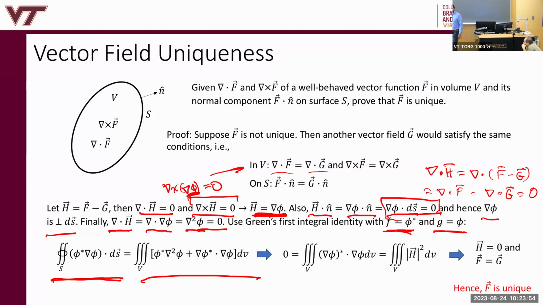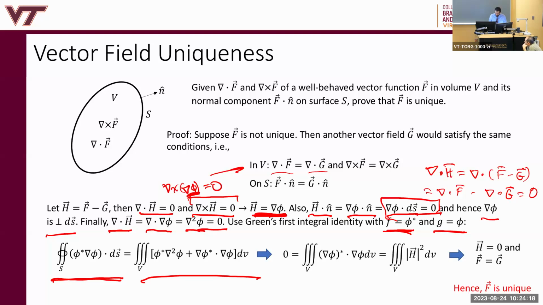It's a place where this weird equation that we derived is useful. Otherwise, I haven't seen it used in any other place. Maybe in moment method formulations, so I take that back, there is a place where they use it. But it proves useful to prove vector field uniqueness, which is a super useful result.